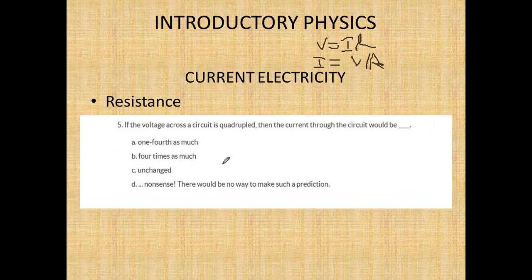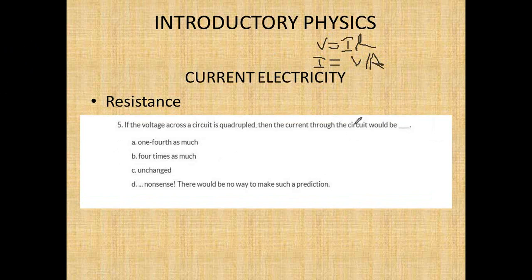So if the voltage across the circuit is quadrupled, so this increased by 4, if you keep your resistance constant, then your current is going to be increased by 4.